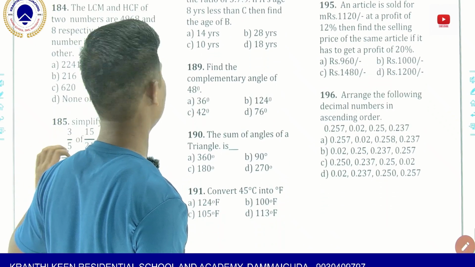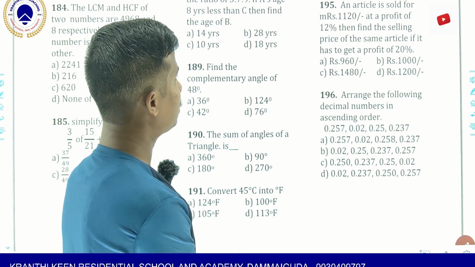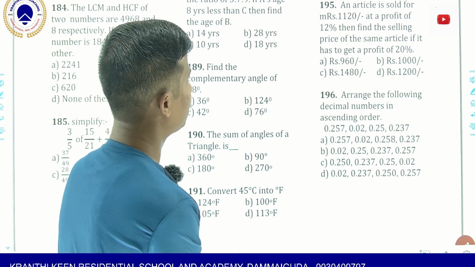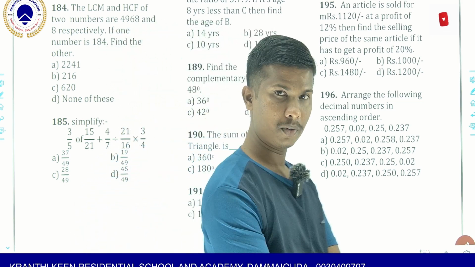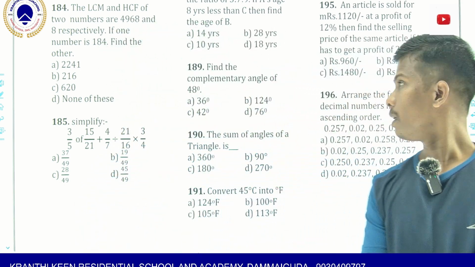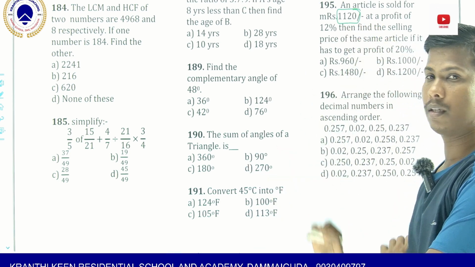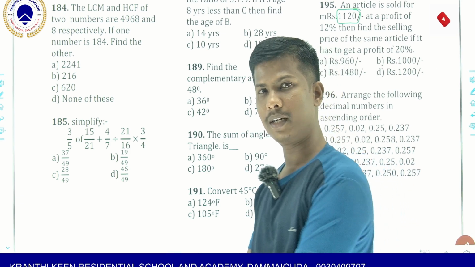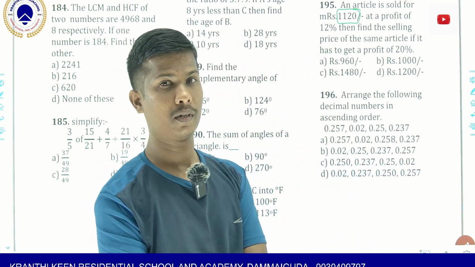Next one, 195, you see, an article is sold for rupees 1120 at a profit of 12%. That means in these rupees the profit is included. By selling that article for 1120, he has got a 12% profit.